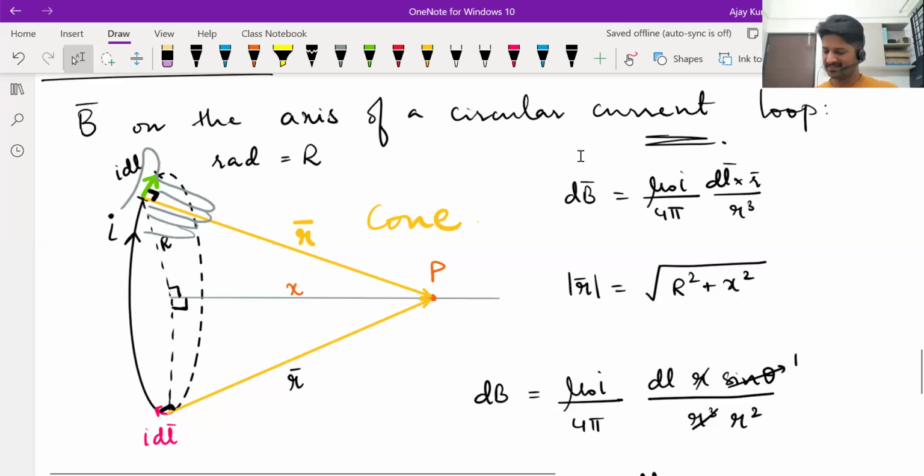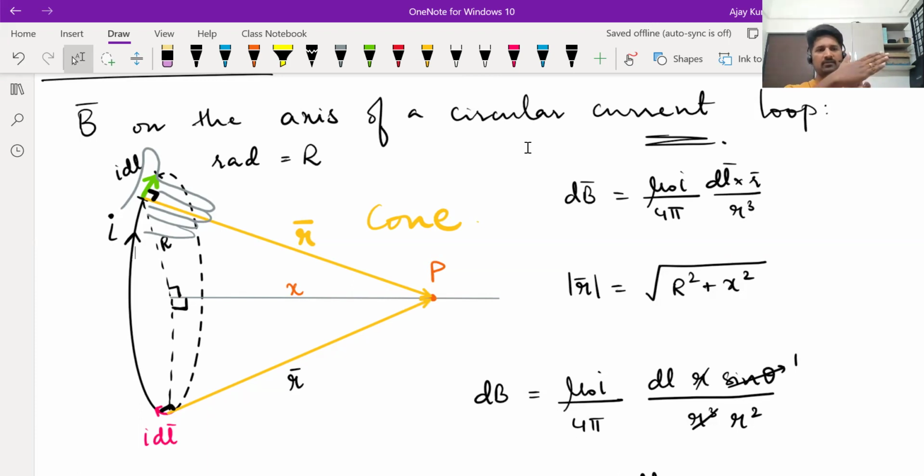Yes, sir. Okay. Yeah, so imagine placing your thumb along that vector. Now see, that vector is not the dl vector, the dl vector is not in the plane of the screen. In 2D diagram, it appears like that, but you have to imagine it like a ring. So your thumb will not be placed parallel to the screen. You'll have to incline your thumb like this, into the screen a little bit, because in that green element, current is going into the screen.